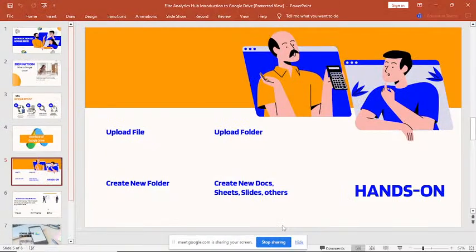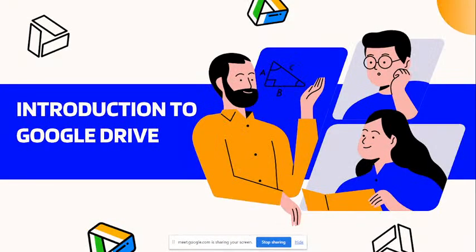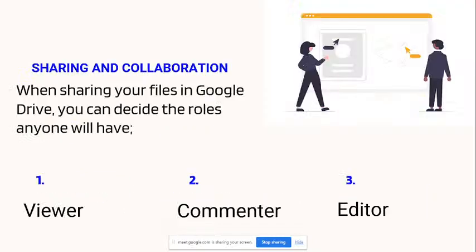The next thing on our agenda is sharing and collaboration. Like I said, one of the important things about Google Drive is that you can share and collaborate with others easily. When you are sharing your files in Google Drive, you can decide the roles anyone will have.